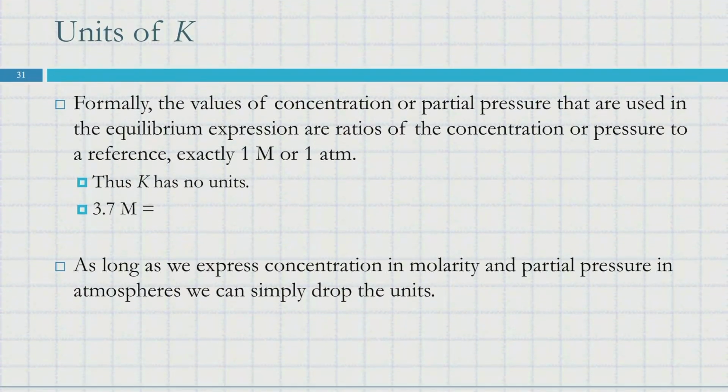When we write out equilibrium constants, they are typically expressed as being unitless. So you just don't have units, it's just a number, even if there's not an equal number of moles and it should end up with some molarity value, it doesn't. They're relative to a reference of 1 molar or 1 atmosphere.